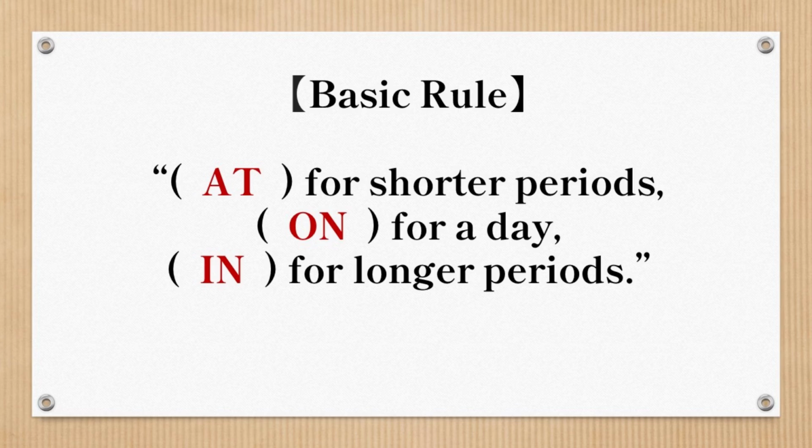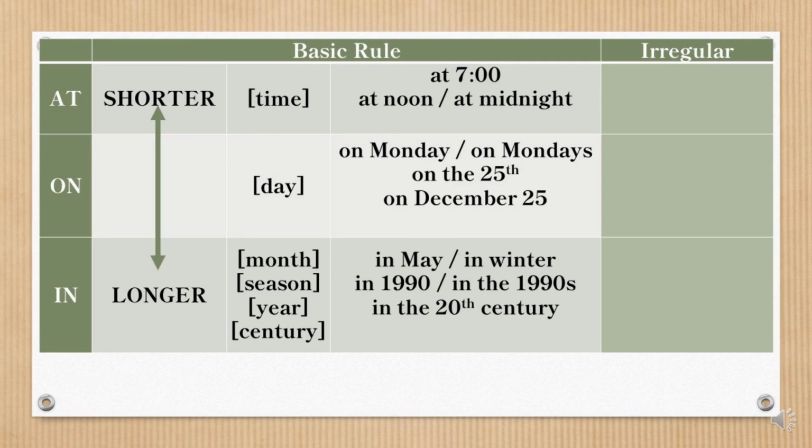In. For longer periods. Next, which preposition is used for present? At. You should say at present. Which preposition is used for past and future? In. So we say in the past, in the future.